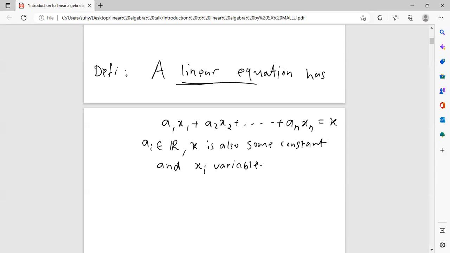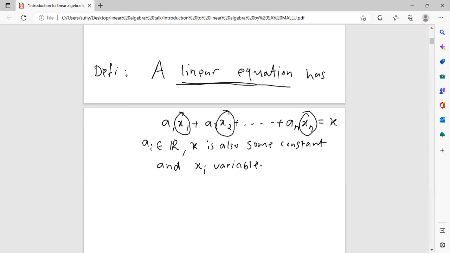So if I want to say whether a given equation is linear or not, what you need to check is as follows. It has the form of a constant a1 x1, a2 x2, up to an xn. What is important to be linear is the power of your variables. All these x's, which we call variables, must have power 1.